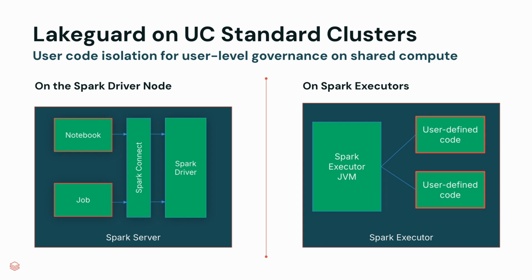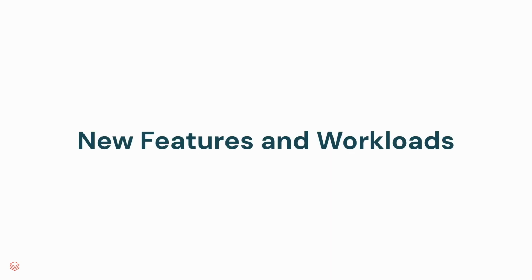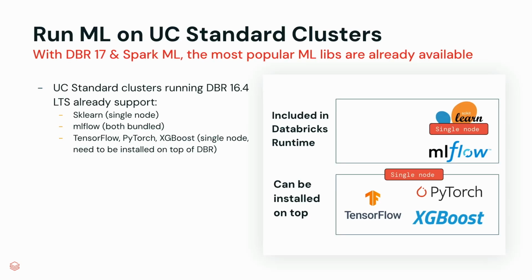All right. So what does it get us in terms of new features and workloads? There are three things that I want to talk about today. The first one is machine learning. With Databricks runtime 16.4, you can already run a couple of machine learning workloads on a standard cluster.